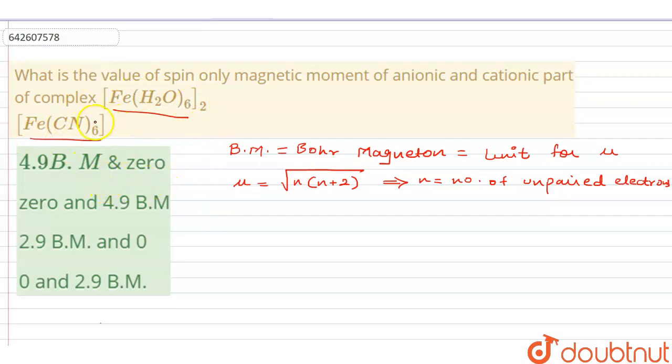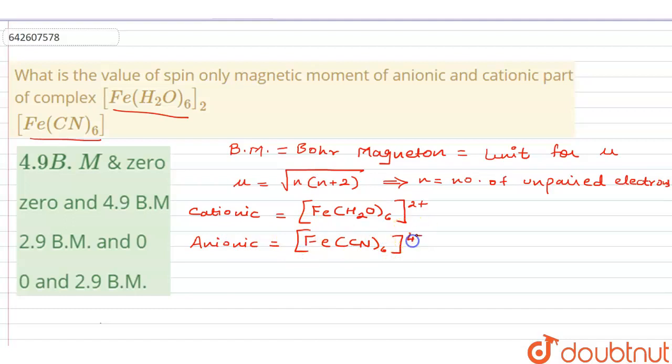Even though [Fe(CN)6] is given on the next line, it is actually one whole complex, whose cationic part is [Fe(H2O)6]2+ and the anionic part is [Fe(CN)6]4-. In [Fe(H2O)6]2+, since H2O is a neutral ligand, it carries 0 charge, and hence Fe would be in its +2 state.